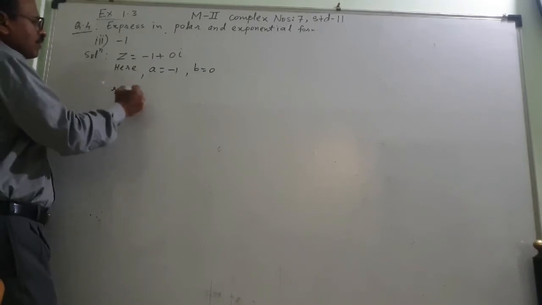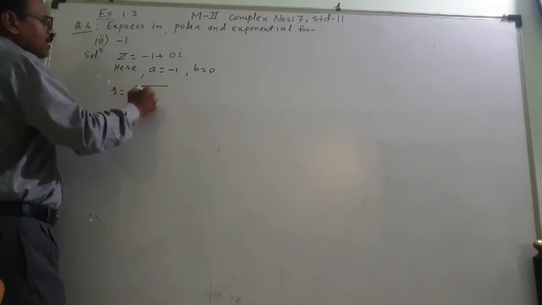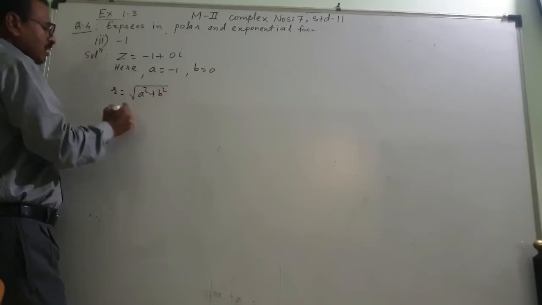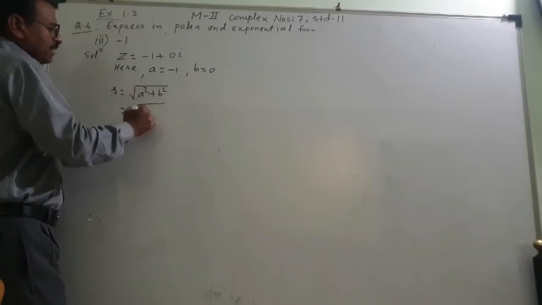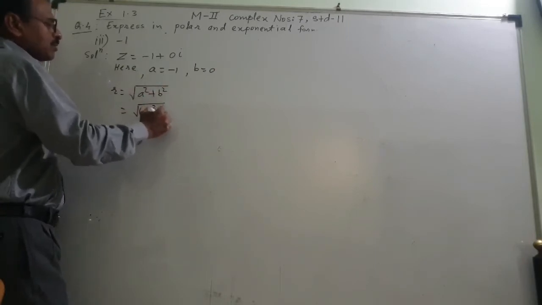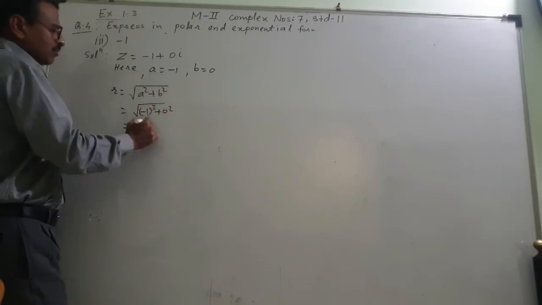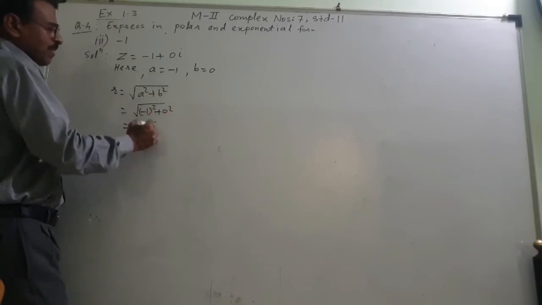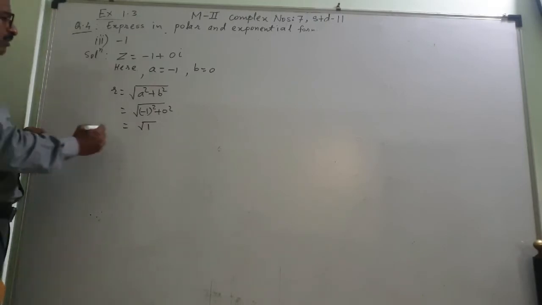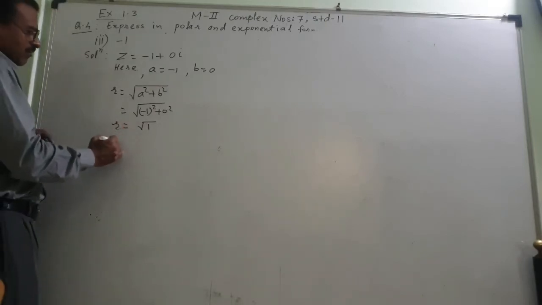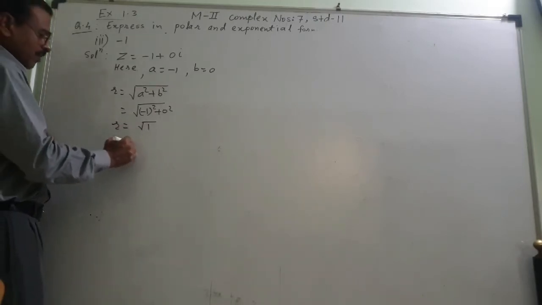So r is equal to under root of a square plus b square, that is equal to -1 square plus 0 square. So 1 square is 1, -1 square is also 1. Therefore r is equal to square root of 1, which is 1.